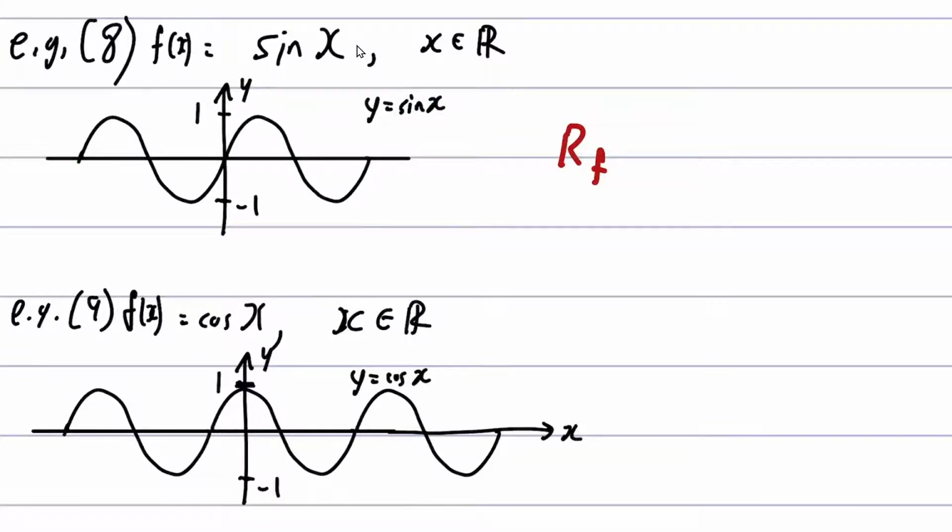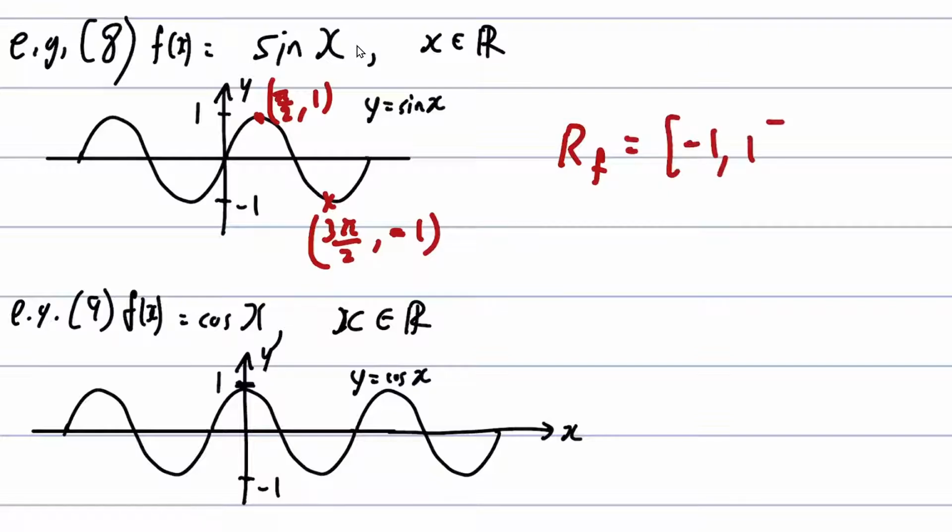Y. Square bracket -1, 1 square bracket. Correct, square bracket -1, +1 square bracket.